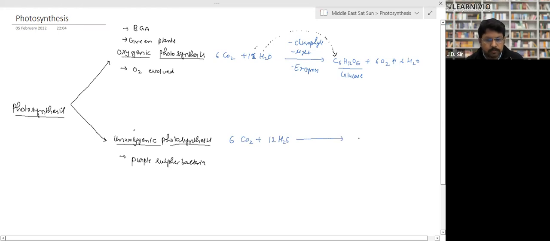Formation of the food takes place, C6H12O6 plus 12 sulfur, right? So sulfur comes out, along with 6H2O, but the oxygen does not come out. This kind of photosynthesis is called anoxygenic photosynthesis. Is it clear or not?